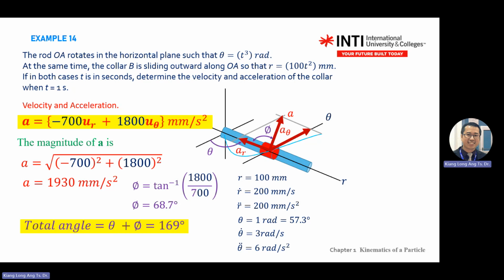If I draw, how do I say? 58.3. But you take this one, add this one, you get this one, right?